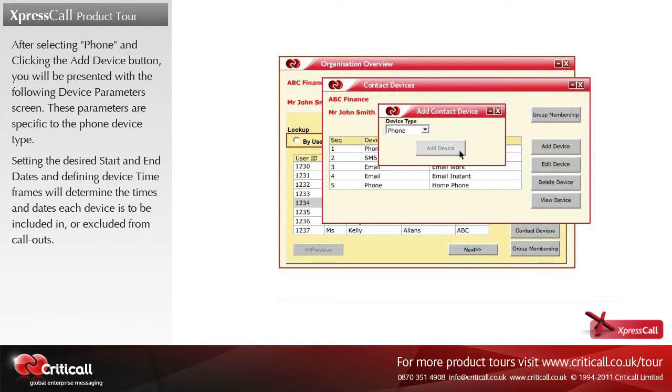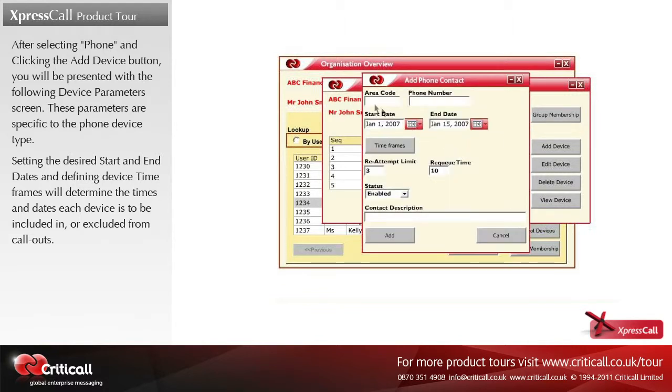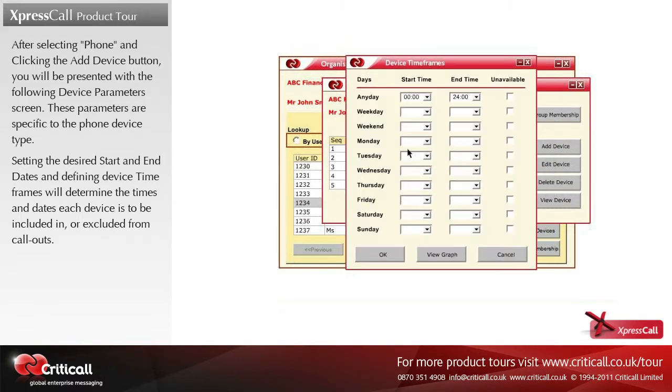After selecting Phone and clicking the Add Device button, you will be presented with the following Device Parameters screen. These parameters are specific to the phone device type. Setting the desired start and end dates and defining device timeframes will determine the times and dates each device is to be included in or excluded from callouts.